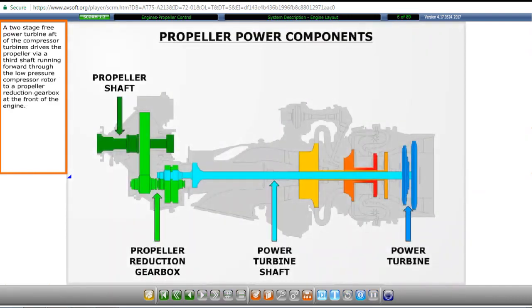A two-stage free power turbine, aft of the compressor turbines, drives the propeller via a third shaft, running forward through the low-pressure compressor rotor to a propeller reduction gearbox at the front of the engine.